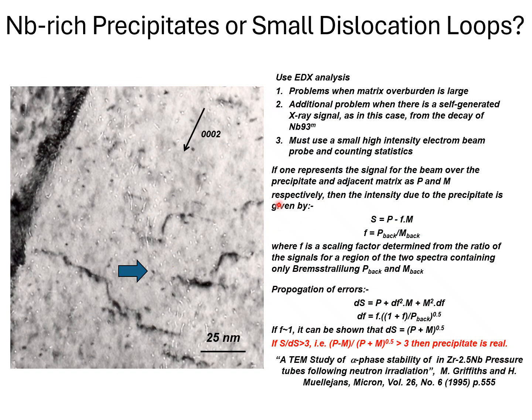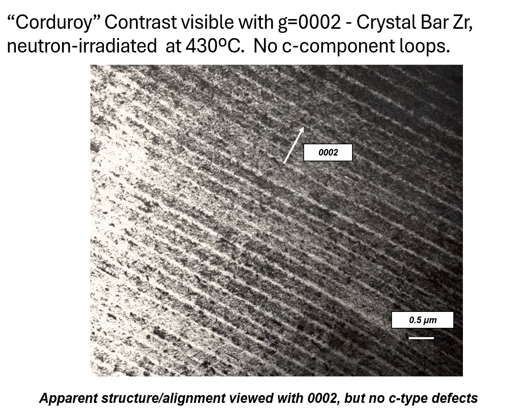This is what I mentioned, that once you've identified which are real precipitates, you then have to go through the rigmarole of proving that they're truly niobium rich. Oh, artifacts, here's an artifact.